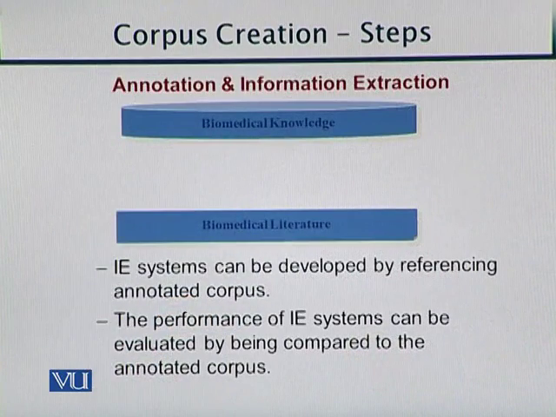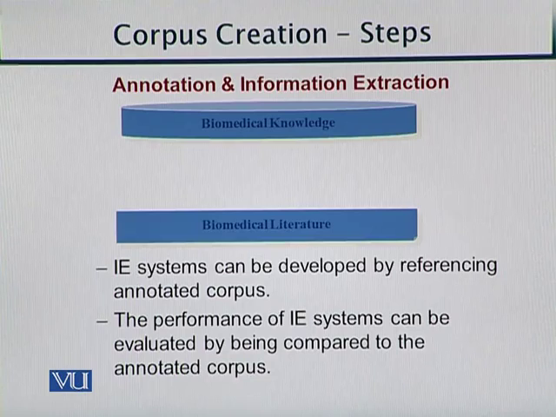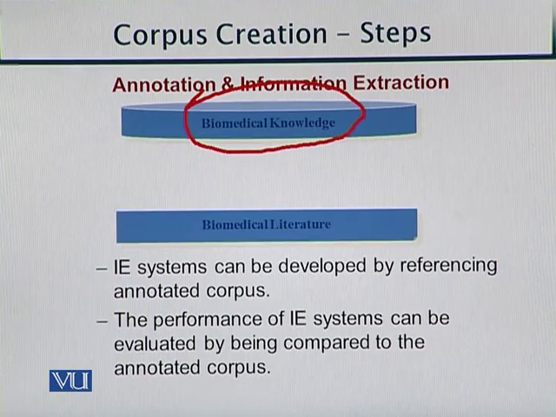Here I have given an example of biomedical data annotations and the relationship of this corpus with information extraction. So now we have 2 things. One is biomedical knowledge, which can be at book level or different papers level, and then we have biomedical literature, which is basically published work in the area of the biomedical domain.